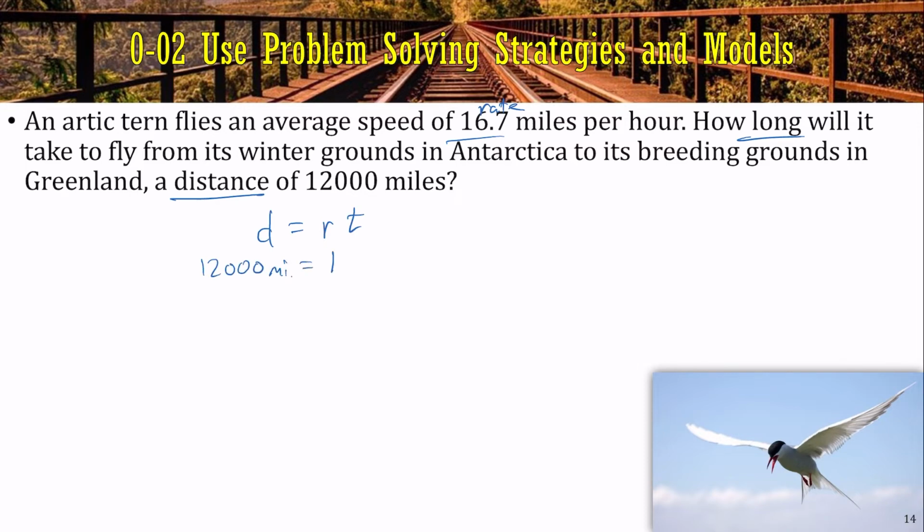Our rate is 16.7 miles per hour. And we're looking for our time. So we could divide by the 16.7 to get the t by itself. Make sure you do that to both sides.